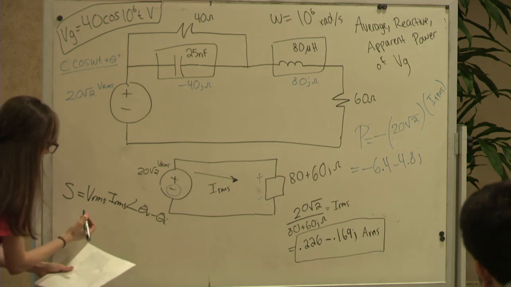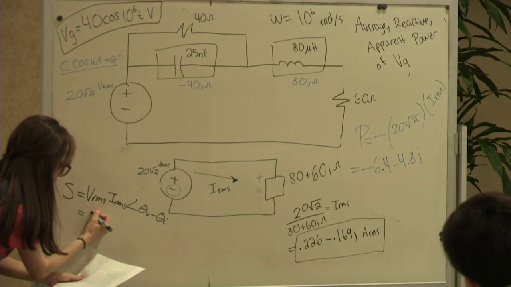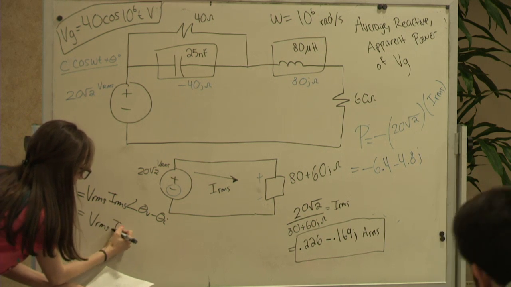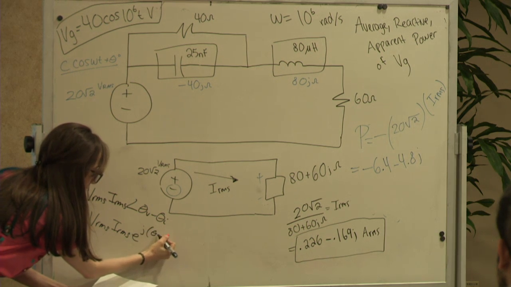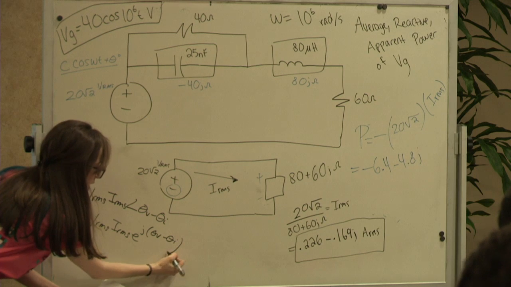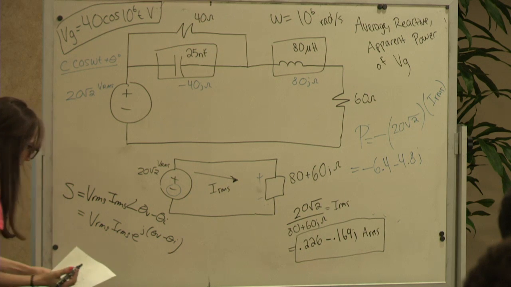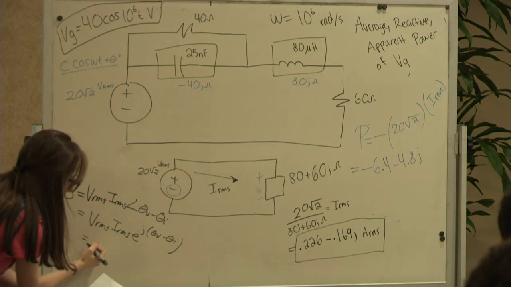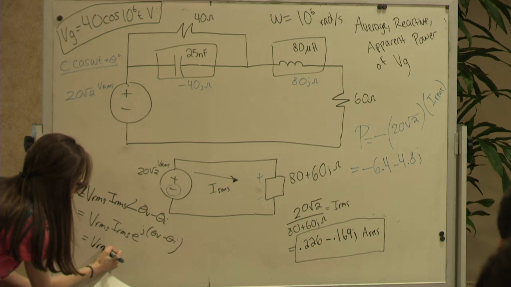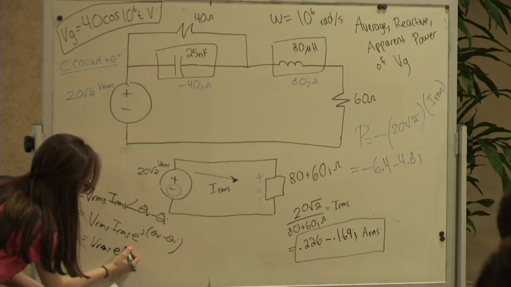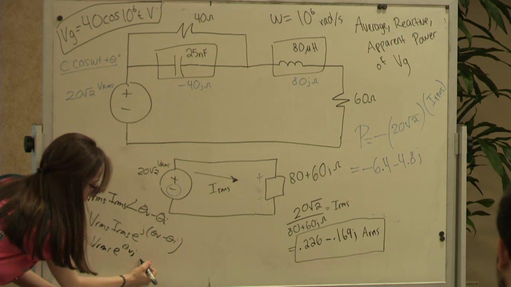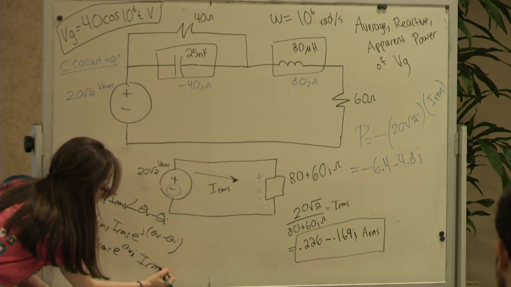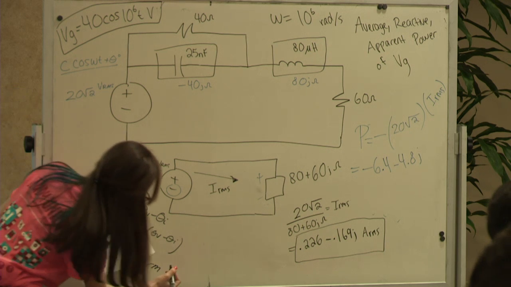And what happens is you'll have VRMS IRMS e to the j theta V minus theta I. And you see that negative term ends up giving you the VRMS e to the theta V j, and then IRMS, oh my god, I'm writing upside down.